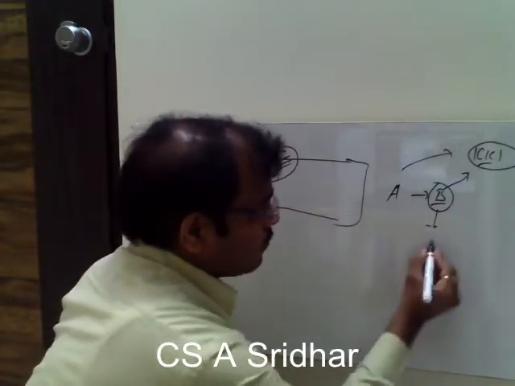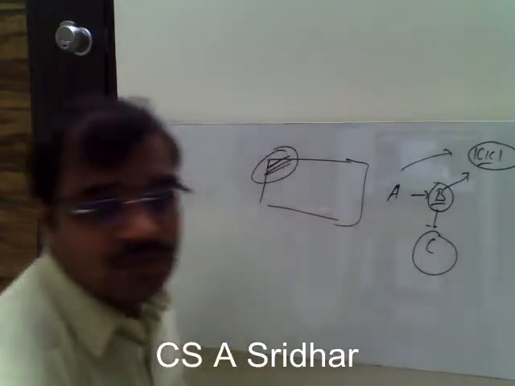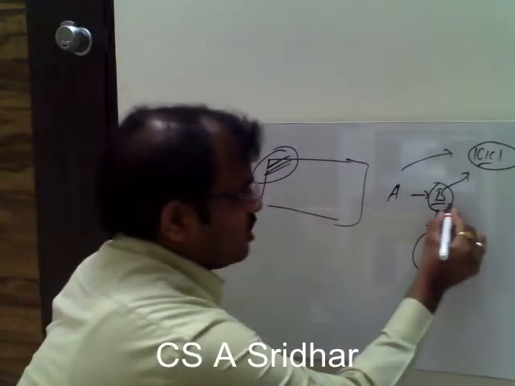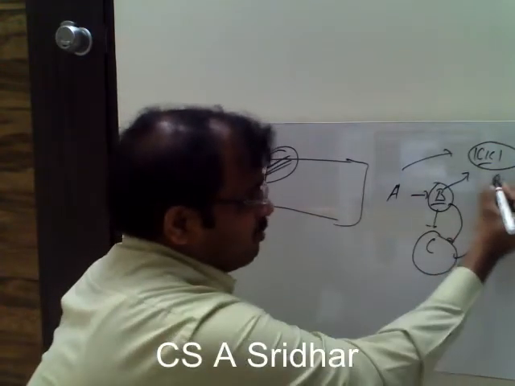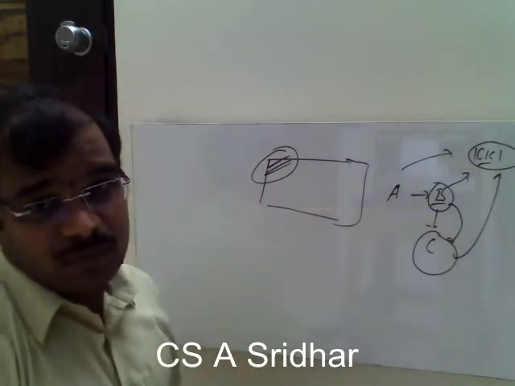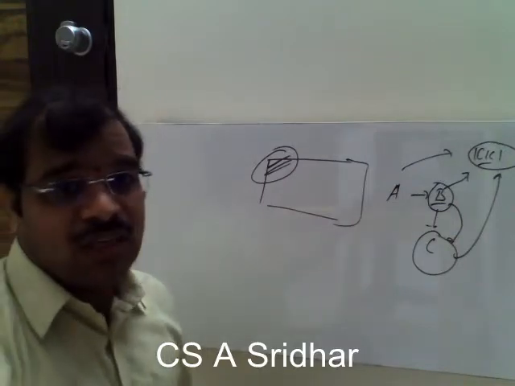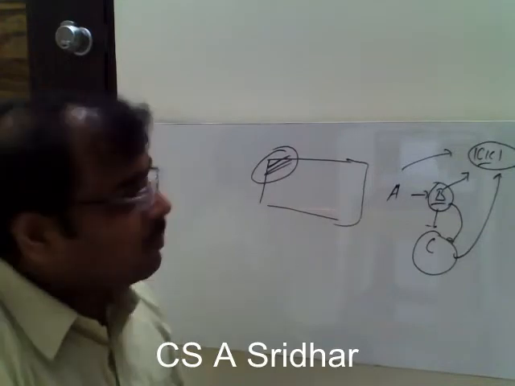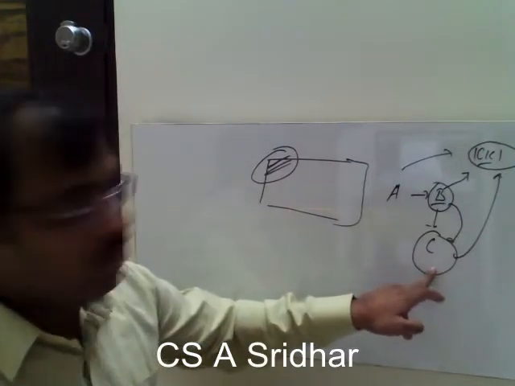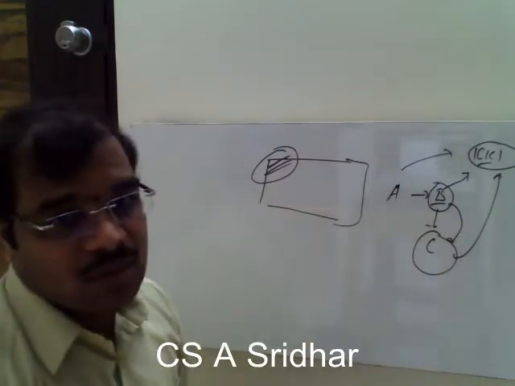Suppose C is a thief, and he took the cheque from B without his knowledge and submitted it to ICICI Bank, and ICICI Bank made the payment at the counter. So here there is a possibility that a person who is not intended to receive the payment receives the payment.